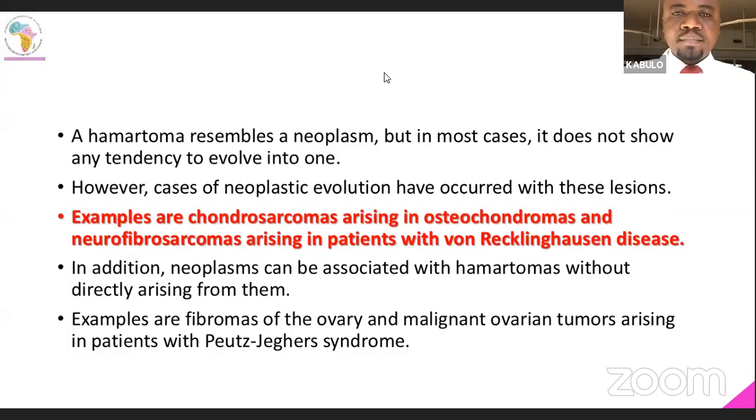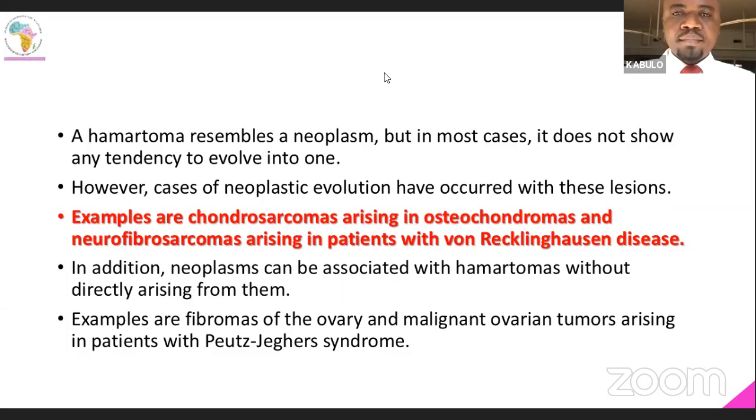So cases of neoplastic evolution have occurred with these lesions. Examples are chondrosarcomas arising in osteochondromas and neurofibrosarcomas arising in patients with von Recklinghausen disease.